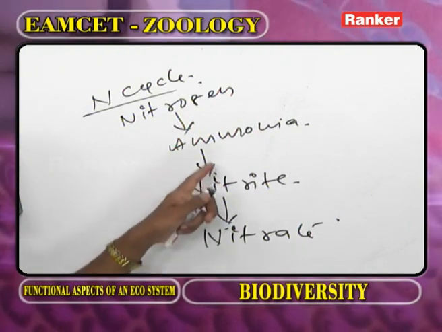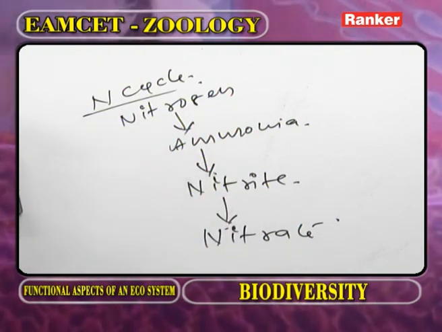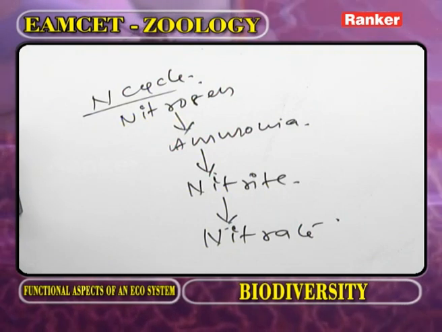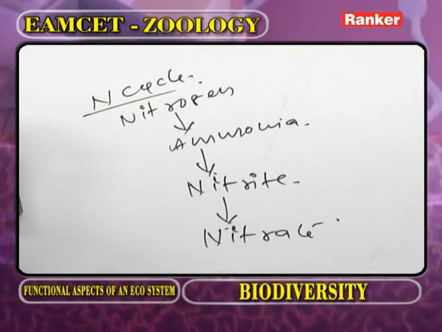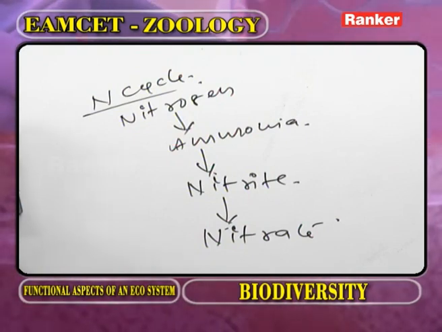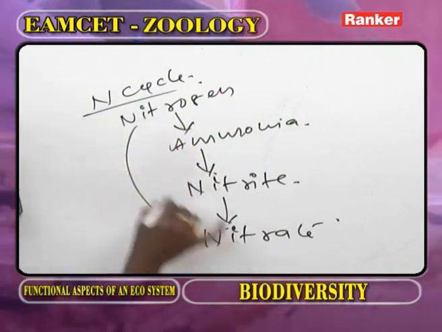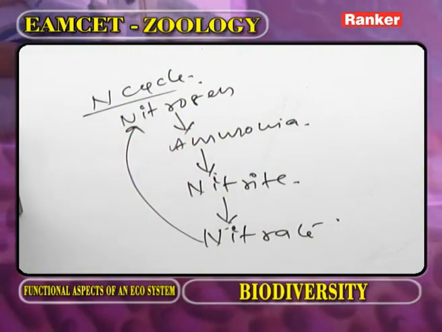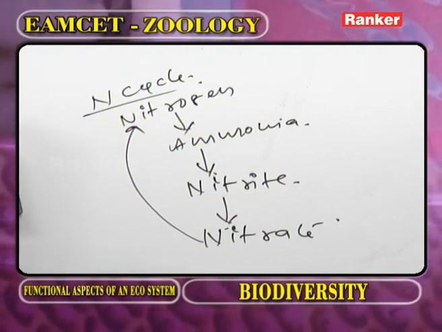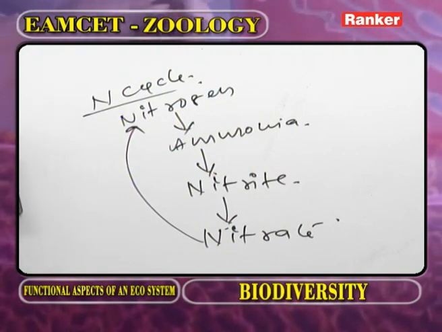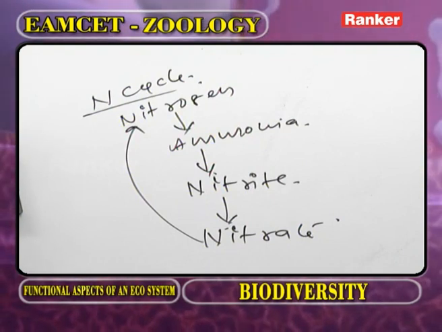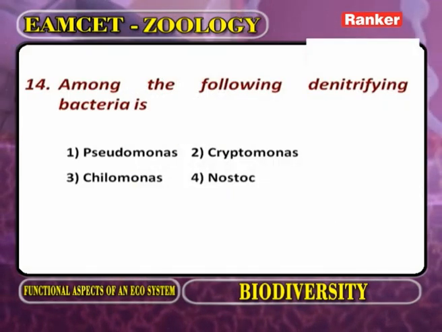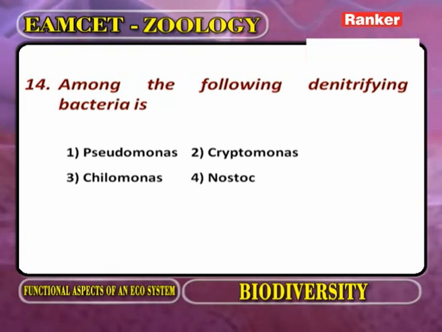The ammonia is converted into nitrite by Nitrosomonas, and the nitrite is converted into nitrate by Nitrobacter. But here what is the question? Denitrification: the nitrate converts into nitrogen. Such denitrification is brought by what type of bacterium? One is Pseudomonas, second Cryptomonas, third Chilomonas, and the fourth one is Nostoc.